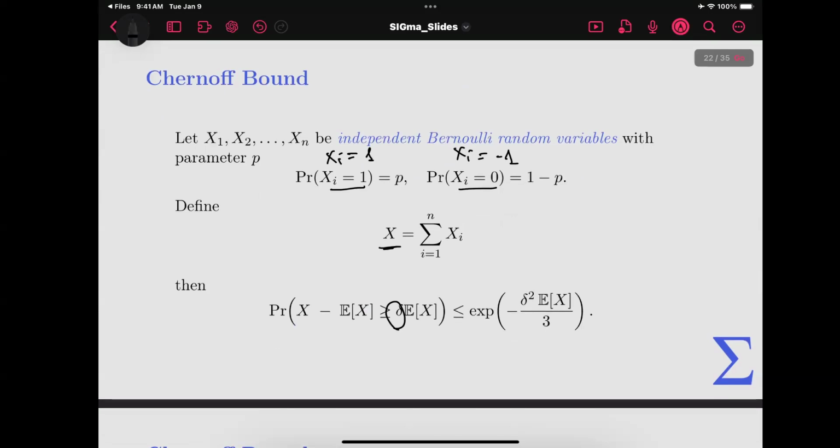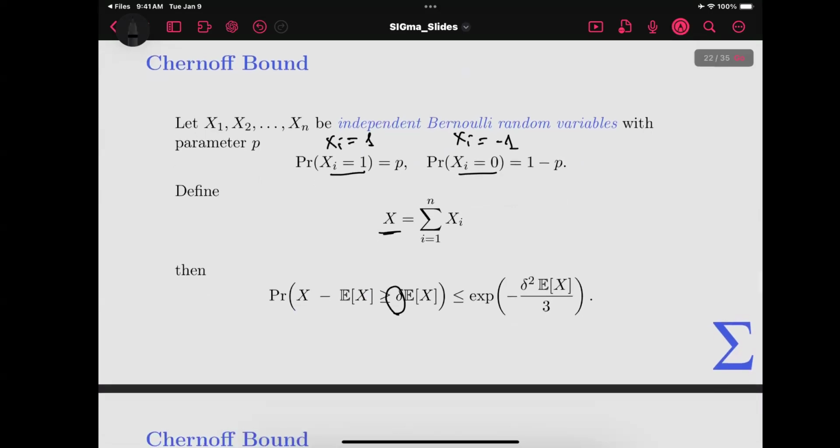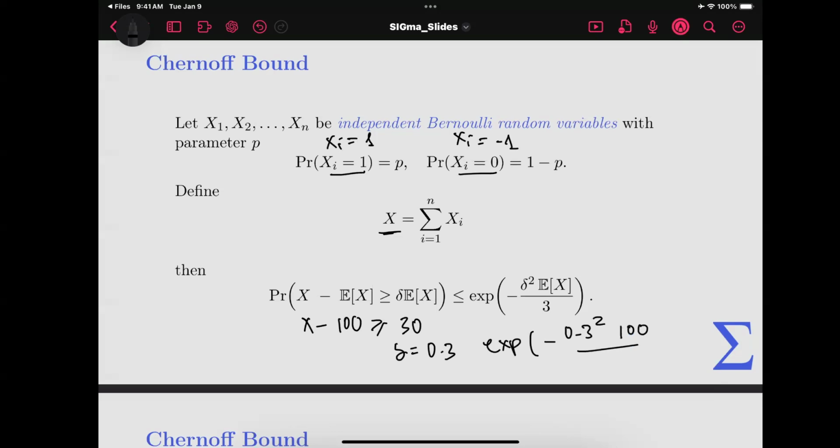So I will plug our problem into this. We want to find whether x minus the expected value of 100 is bigger than 30. So our constant will equal 0.3, because our expected value is 100. On the other side, the bound is the exponent of the constant 0.3 to the power 2, multiplied by 100, divided by 3.